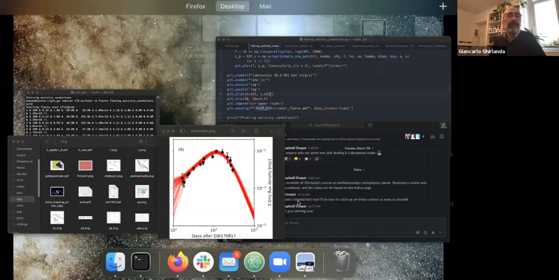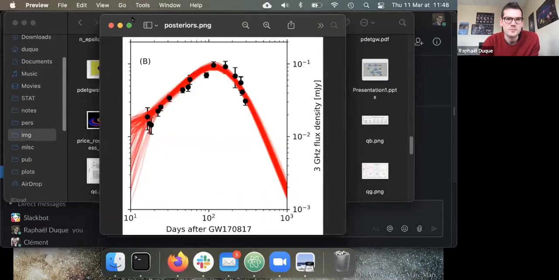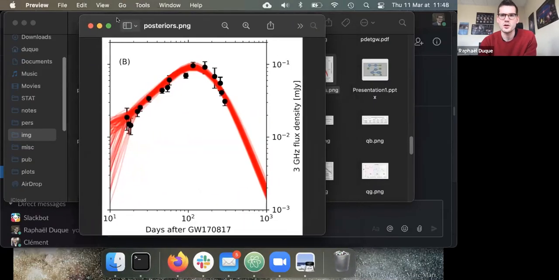Okay, so please correct me if I'm wrong, Giancarlo, but what I'm showing here is the posterior sampling of the different light curves, which correspond to the uncertainty that you obtain in the structured jet after the fitting of the light curve and the imagery as you described. It seems to me that the remaining uncertainty is in the very, very early times.